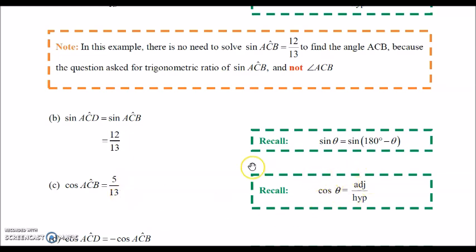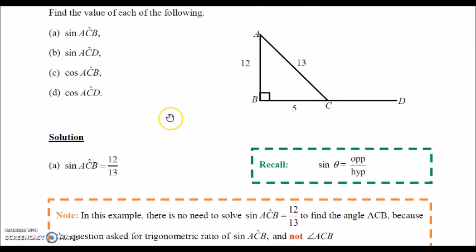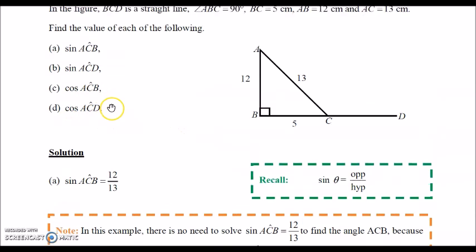For part D, I need to find the trigo ratio of cosine angle ACD, this obtuse angle here. Once again, if you recall what we have just learned, the cosine of an obtuse angle is the negative cosine of my acute angle.